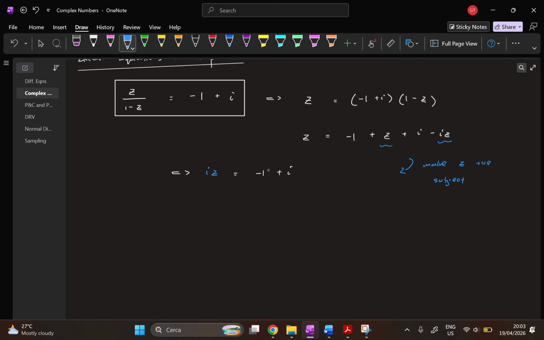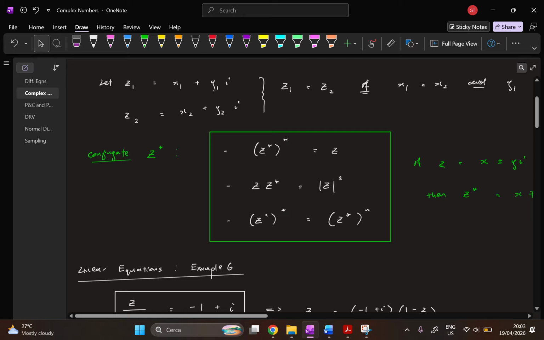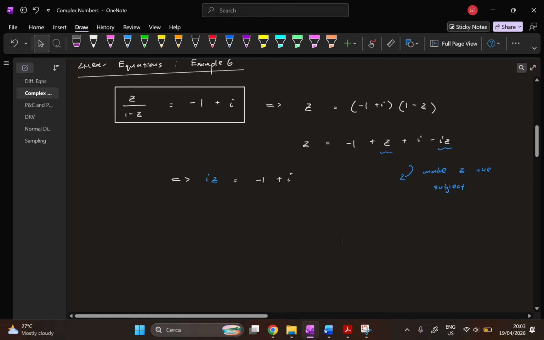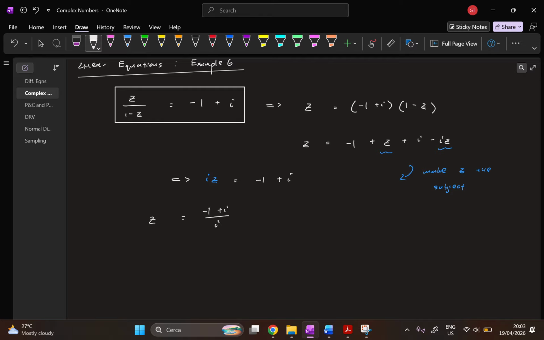On the right hand side, minus 1 is real, i is imaginary. So later on, I will show you the more commonly used method in questions involving complex numbers, where you let z equal x plus yi. So you express z in its Cartesian form. But in this particular very simple example, it's not needed. So basically, you can just divide across by i. You see?